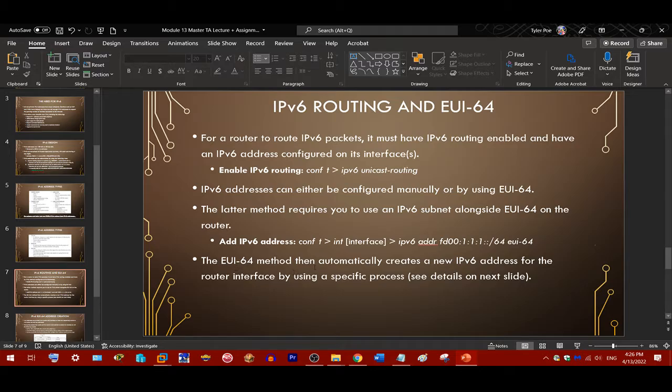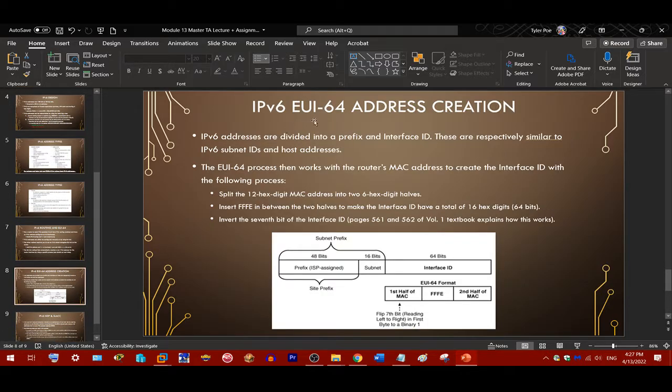So this method then automatically creates a new IPv6 address for the router interface by using a specific process, which we'll discuss in the next slide. But note that we include the subnet ID here, and this process uses that to make a new address in that subnet. So now let's discuss the EUI-64 address creation process.